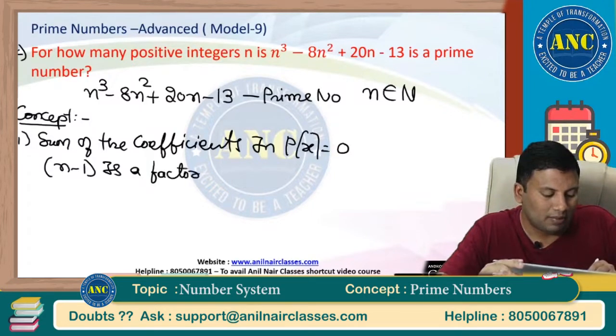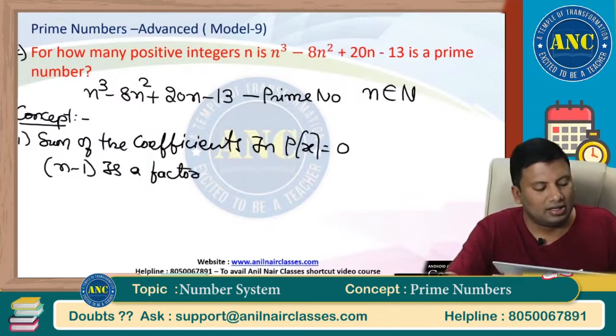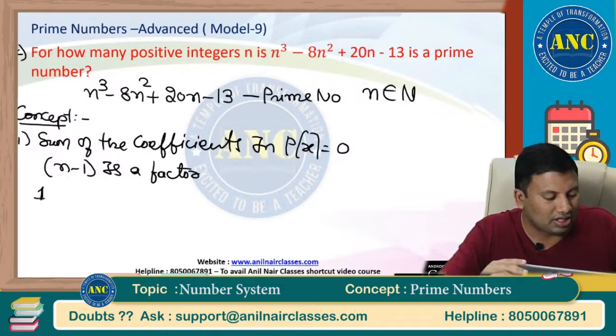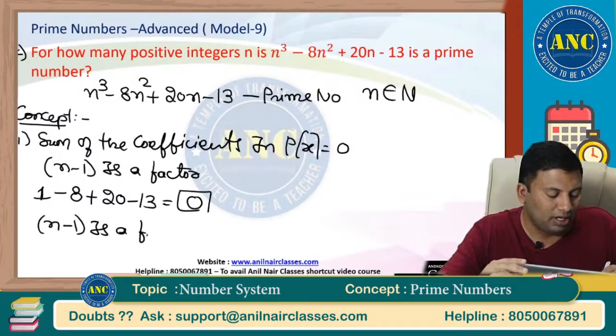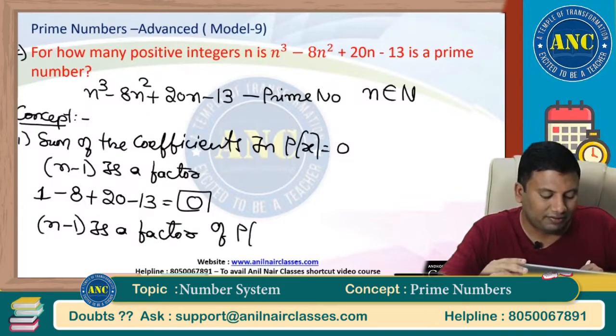So let us see the coefficients of n cube: 1 minus 8 plus 20 minus 13. 21 minus 21 is 0. That means n minus 1 is a factor of P of x.